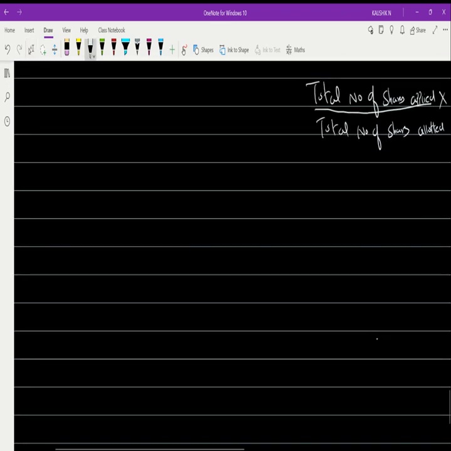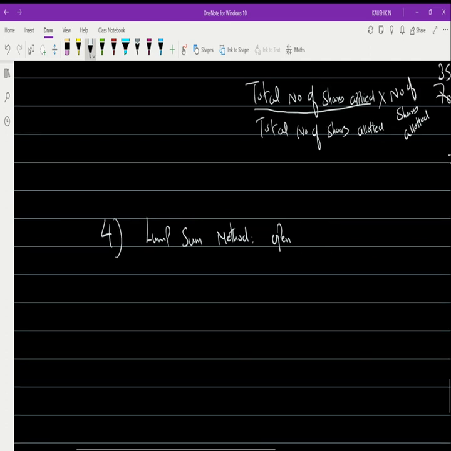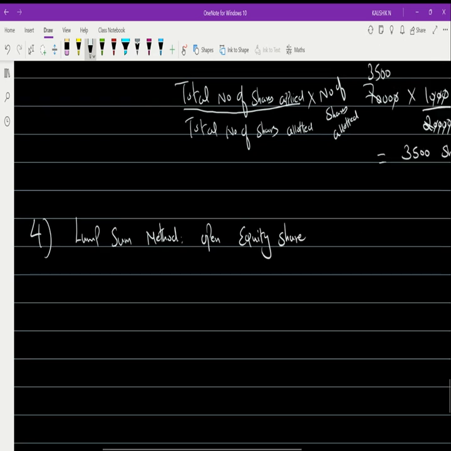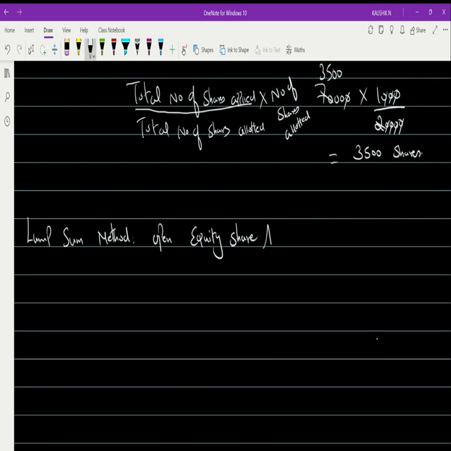Okay, and then the fourth point is very very important. What I'm asking is, when it is a lump sum method, okay, in case of lump sum method, you have to open an account in the name of equity, equity means equity, preference means preference, equity share application and allotment account.